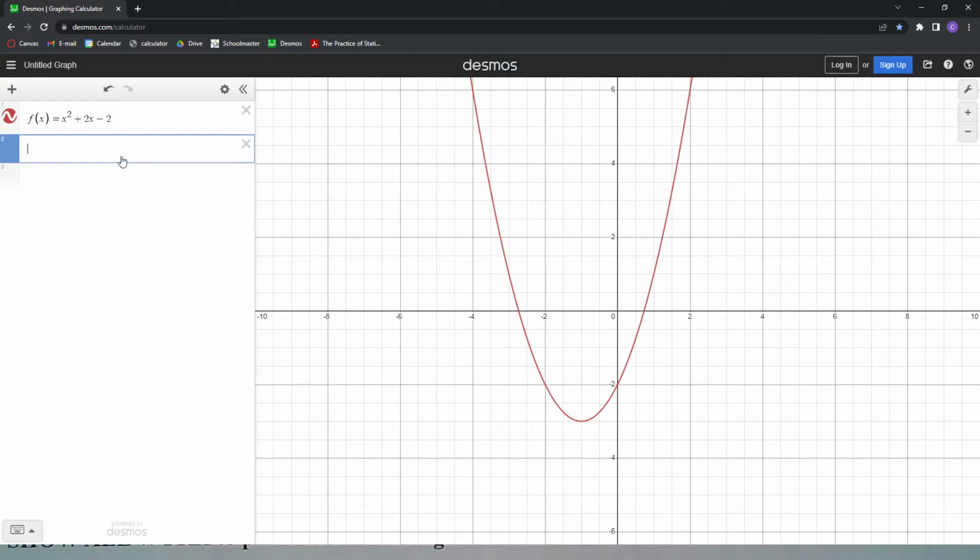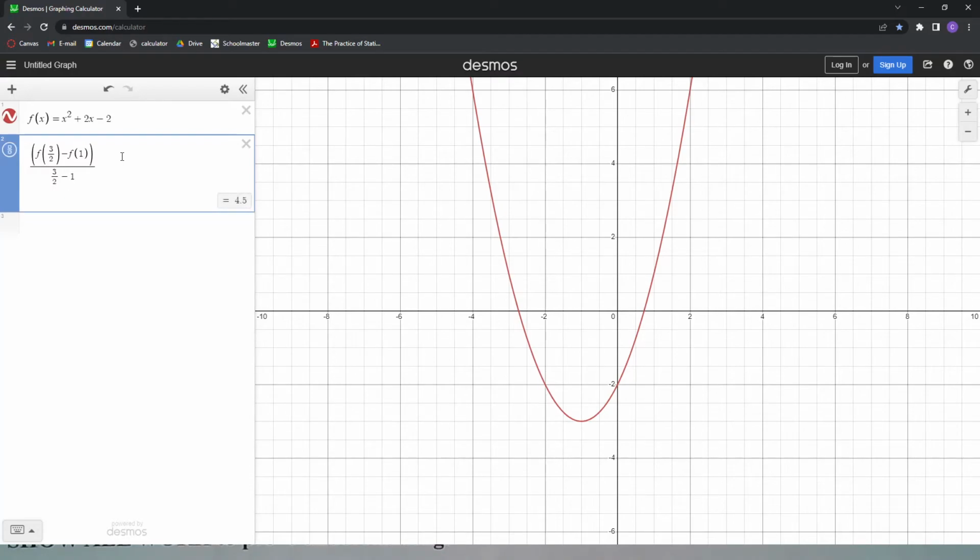And a is 1, and b is 3 over 2. So we actually want parentheses first for the numerator. F of 3 over 2 minus, and we're doing f of 1 divided by 3 over 2 minus 1.